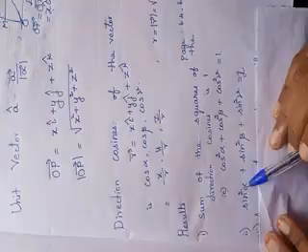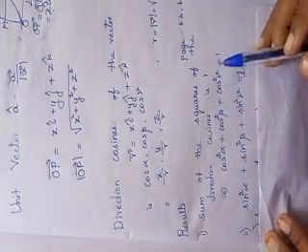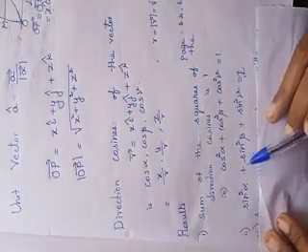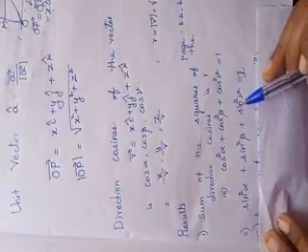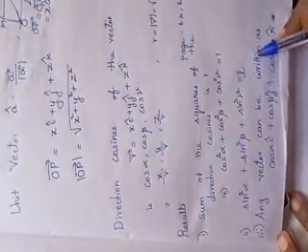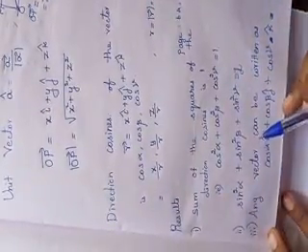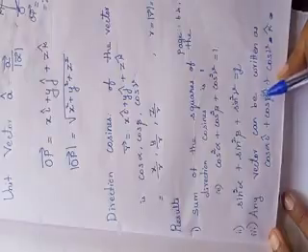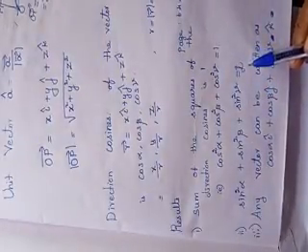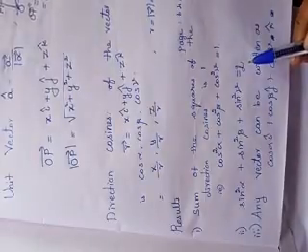If it is for cos, the value is 1, and if it is for sin, the value is equal to 2. Sin square alpha plus sin square beta plus sin square gamma equal to 2. And any vector can be written as cos alpha into i cap plus cos beta into j cap plus cos gamma into k cap. So on page numbers 64 and 65, these results are given.